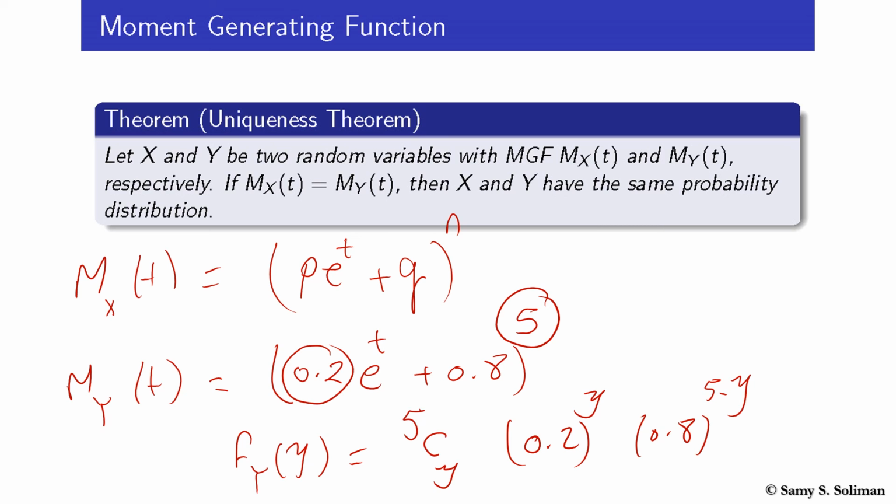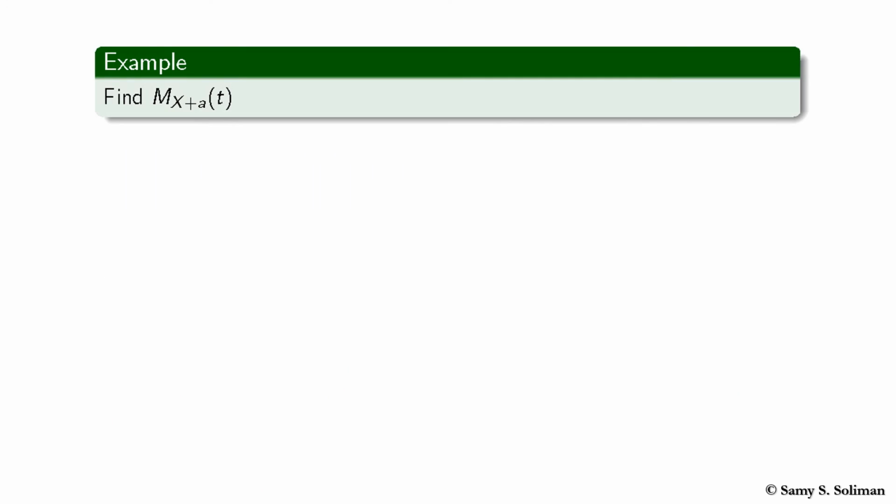So how can this Uniqueness Theorem be used in order to find the probability density function of a random variable defined in terms of another random variable? Let's use this theorem in a set of examples as follows. Let's first find the moment generating function of a random variable defined as a known random variable X plus a constant a.